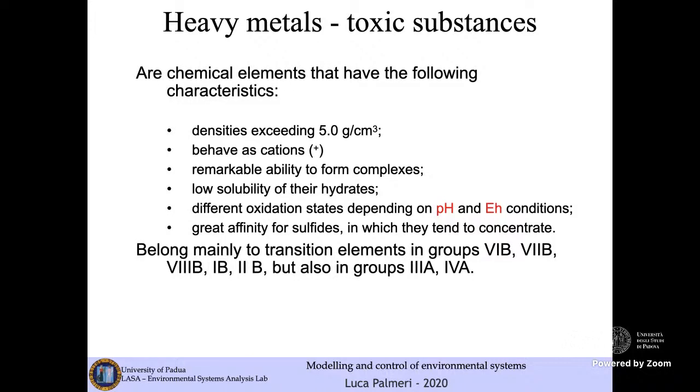The heavy metals, by definition, pertain to the so-called transition elements in groups 6, 7, 8, 1, 2B of the table of the elements of Mendeleev, but also in groups 3 and 4.